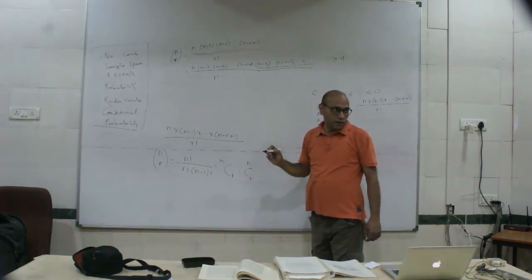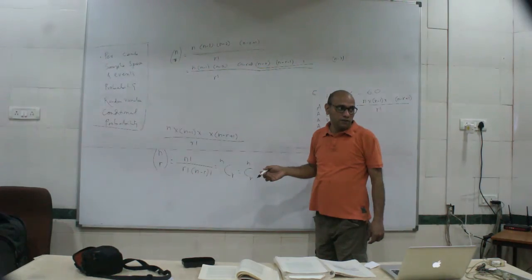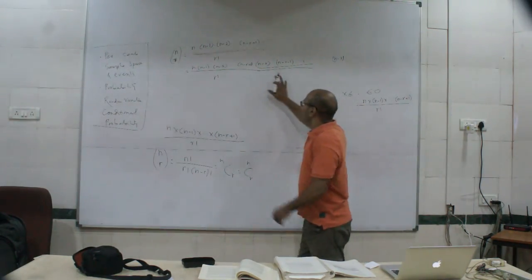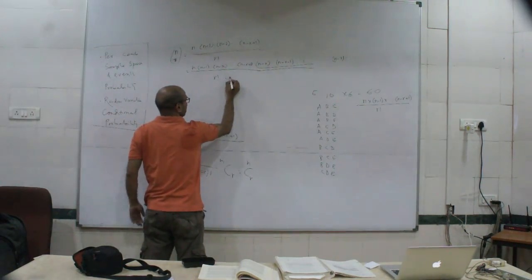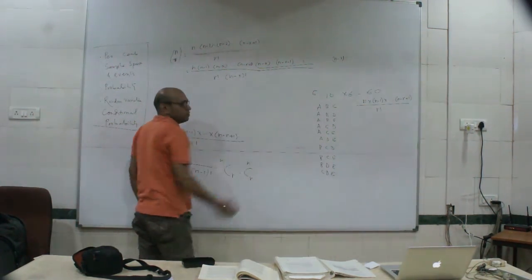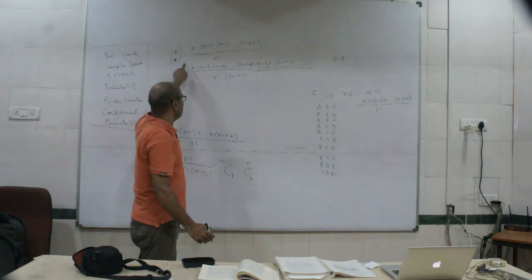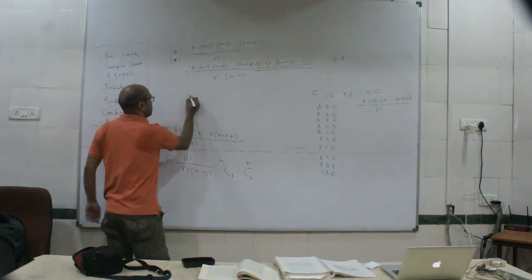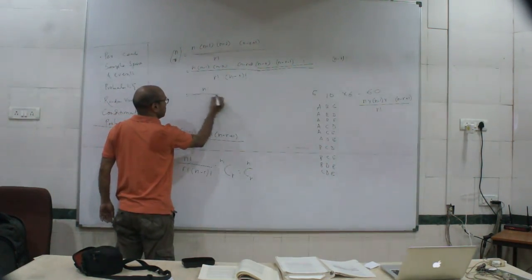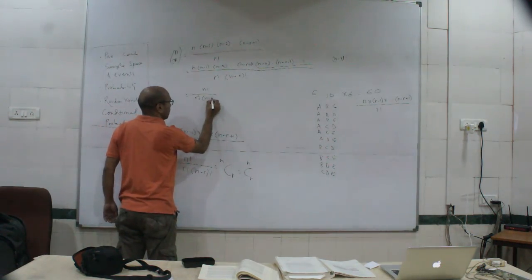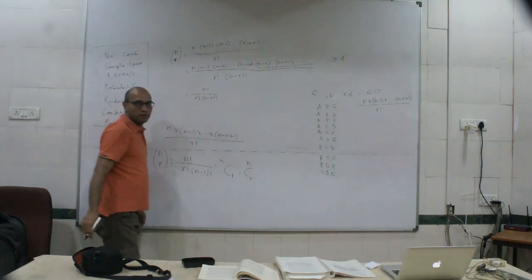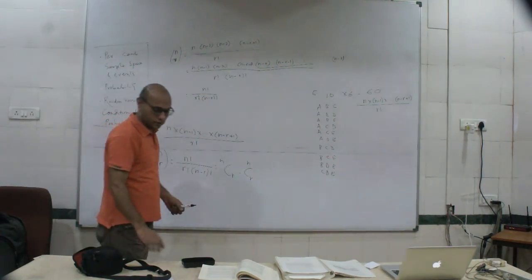So what I need to do is divide this numerator by n minus r factorial. So my numerator is n factorial, and the denominator is r factorial into n minus r factorial.